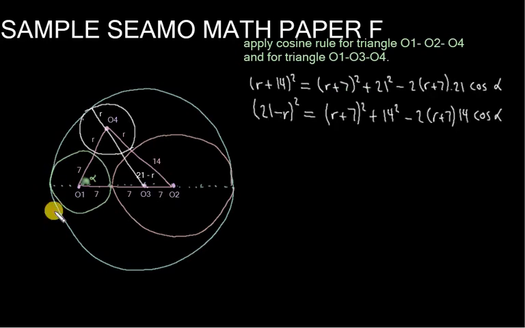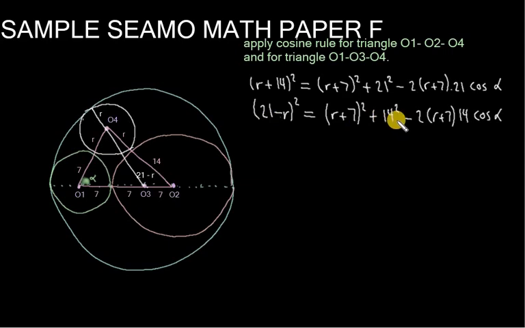Applying the cosine rule for triangle O1, O2, and O4, we have R plus 14 squared is equal to R plus 7 squared plus 21 squared minus 2 times R plus 7 times 21 times cosine alpha.